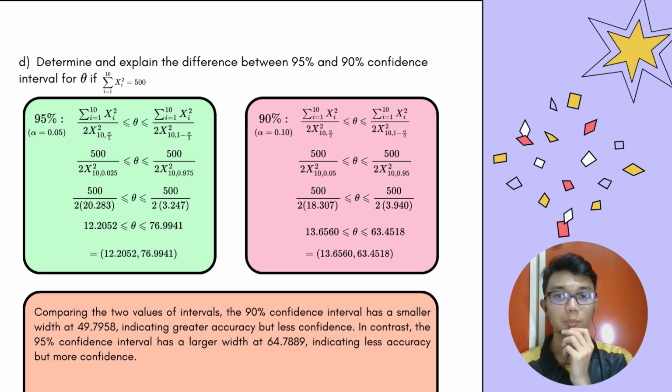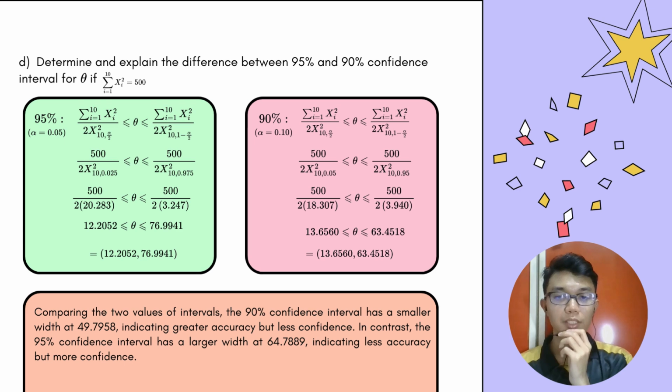Next, for the 90% confidence interval with the alpha value of 0.1, we substitute the value of alpha and the sum of chi-squared into the second part of the solution. For the first chi-squared, with the degree of freedom of 10 and the alpha value of 0.05, we get a value from the table, which is 18.307.